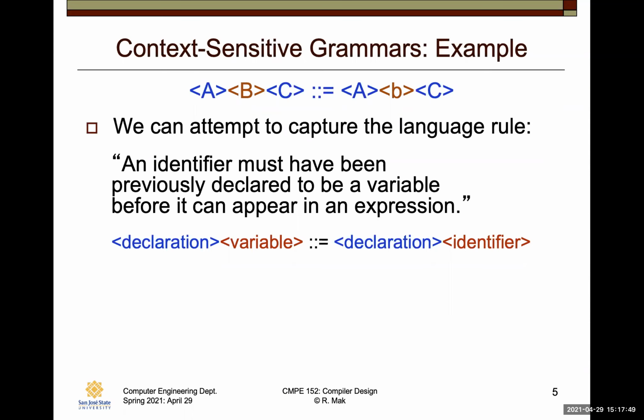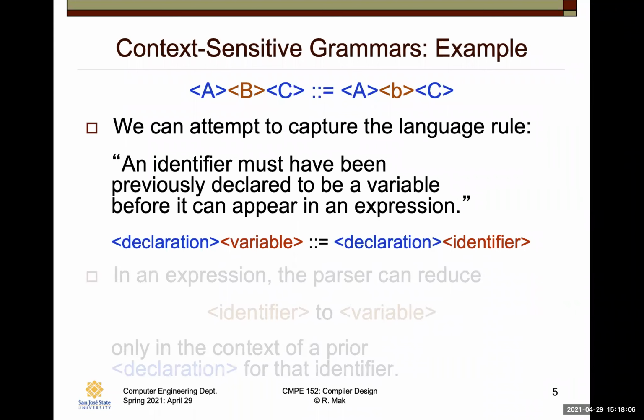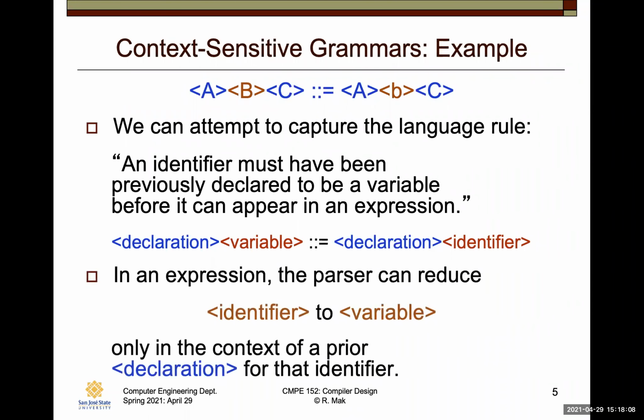So you're looking at this and you're thinking, wow, this is pretty powerful. We can actually express more rules with a context-sensitive grammar than we can with a context-free grammar. So why don't we use context-sensitive grammars instead? Well, I'm just repeating what I said: we can reduce an identifier to a variable only in the context of a prior declaration for that identifier.